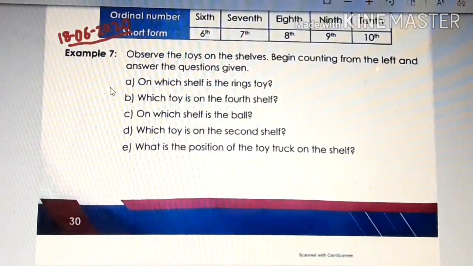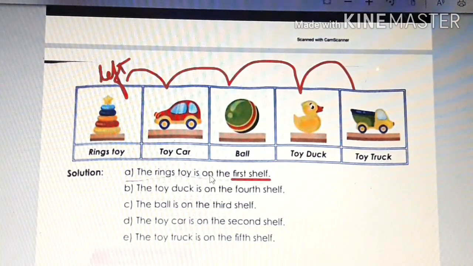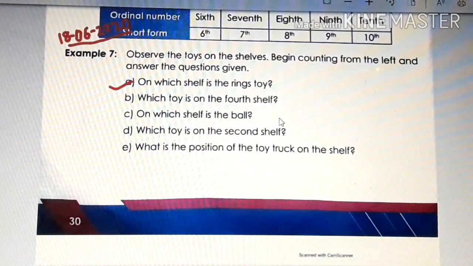The first question is, on which shelf is the ring toy? On which shelf, children? First. So the answer is given here. The rings toy is on the first shelf. Clear? Next, which toy is on the fourth shelf?